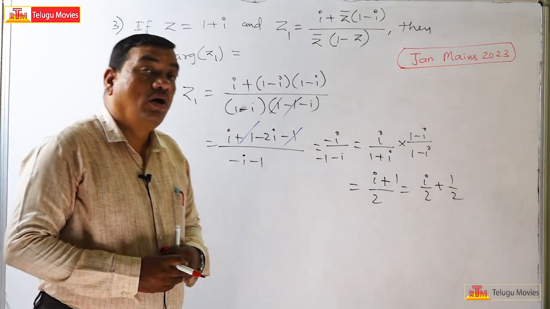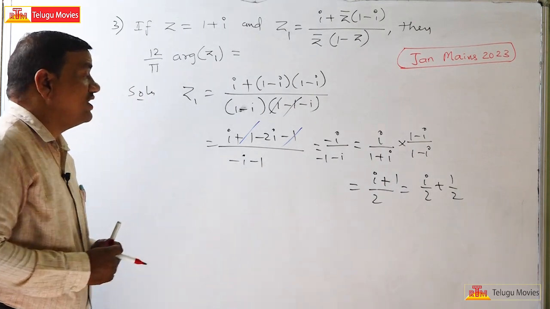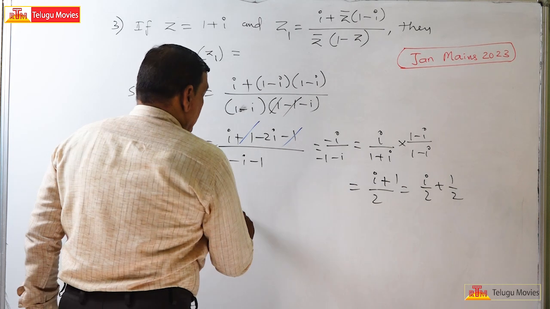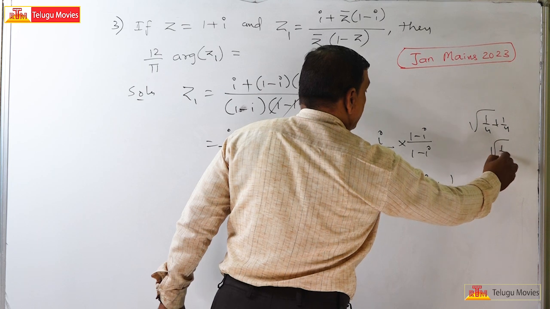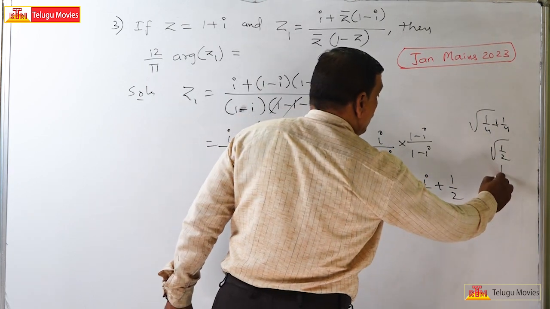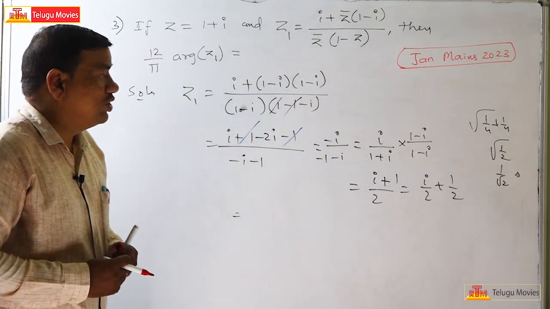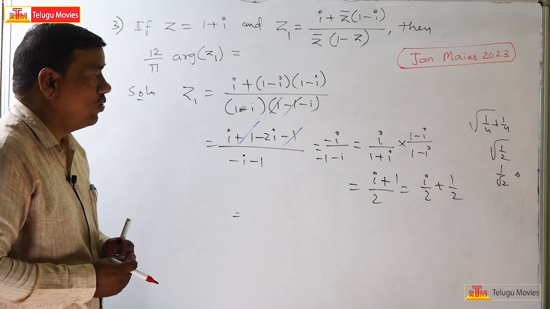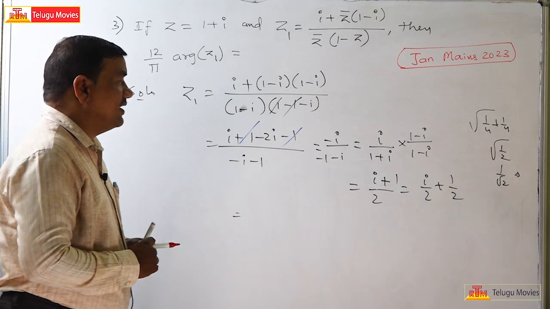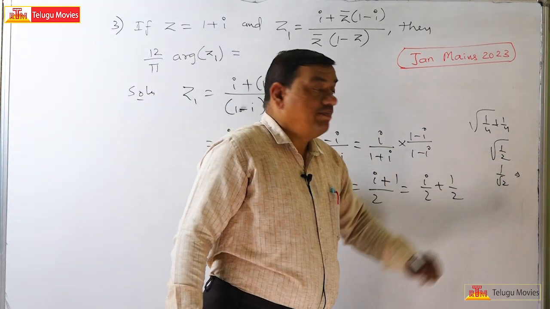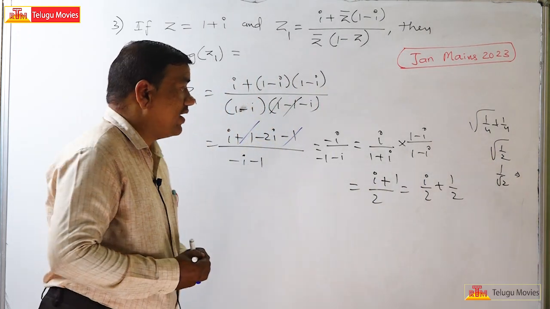So we have to write it in the modulus amplitude form. How to write it in modulus amplitude form? You multiply and divide with the root of 1 by 4 plus 1 by 4, that is 1 by 2, so that is equal to 1 by root 2. So multiply and divide with 1 by root 2.